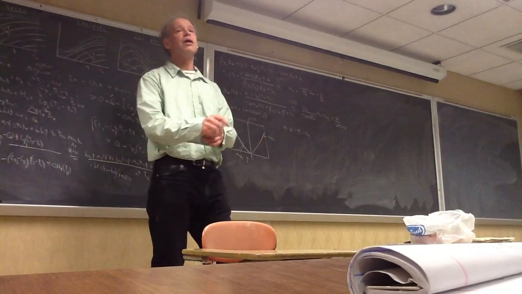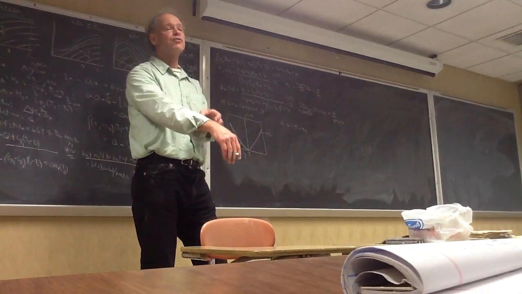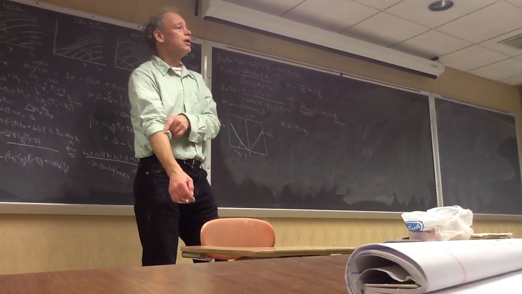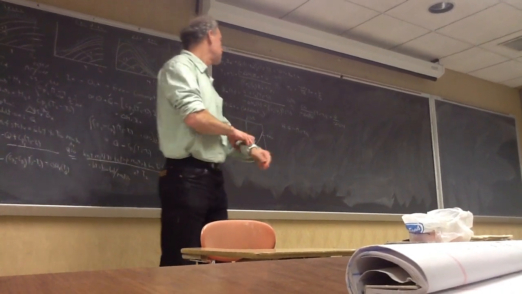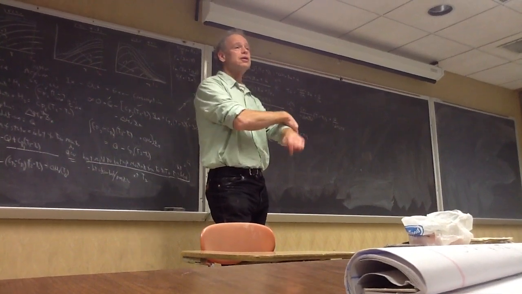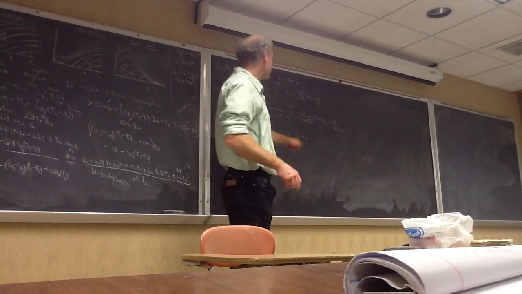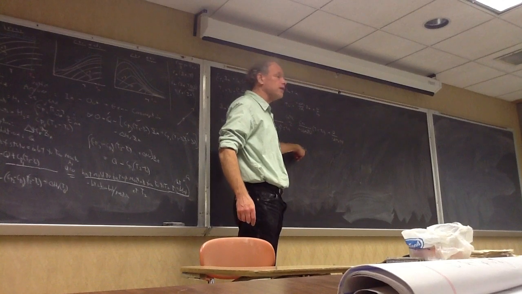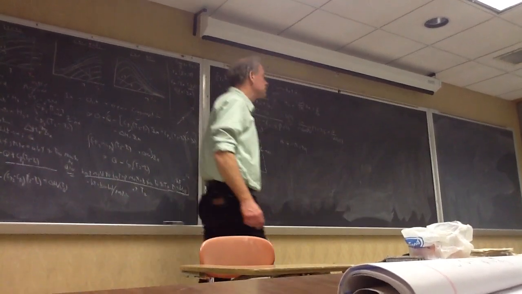Now that would come about, as I just mentioned in answer to Chad's question, if we take off insulation from the reactor and let it exchange heat with its surroundings. In that case, Q would be, as you know from your unit ops class, UA delta T. If the surrounding temperature is the same as the inlet temperature, so here I'm making assumptions, I'm making the surrounding temperature equal to the inlet temperature, then Q would be proportional to T2 minus T0.